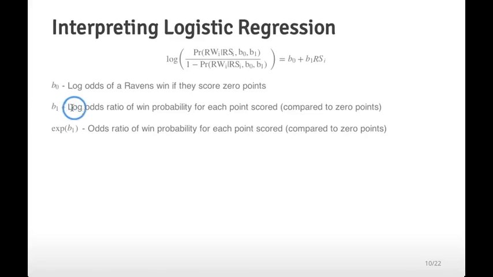And B1 is what's called a log odds ratio of a win probability for each point scored. Basically, for every additional point, we're comparing the log odds when you add that point to the log odds when you didn't have the point, and that's the log odds when they scored 0 points.